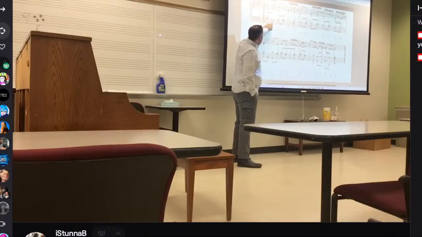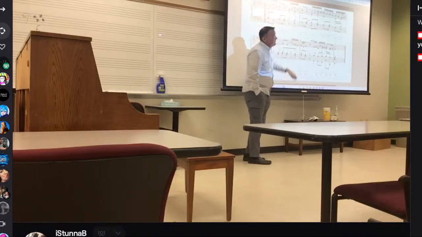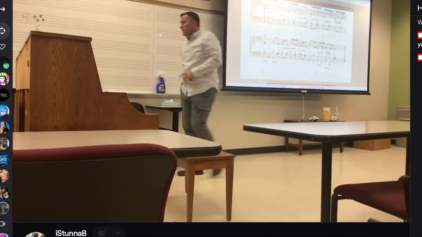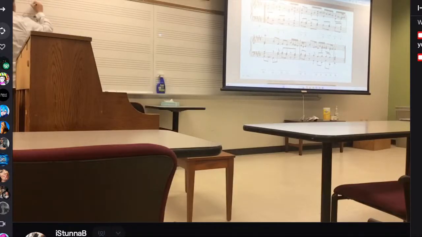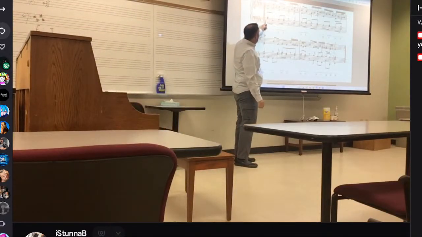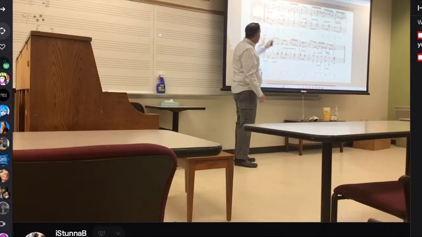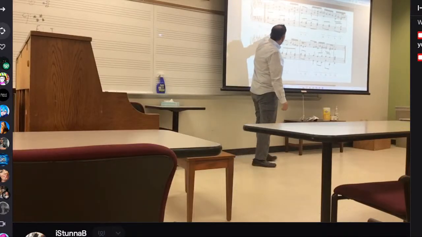So we have E, G sharp, B, E, B, G sharp, E, B. Only 3 notes: E, G sharp, B. E is scale degree 1 in the key of E. So even though it starts on a 1/6, over the full beat I think we would still call it a 1 chord, without the inversion signal, unless we were changing chords every single 8th note, which it kind of is a little bit.